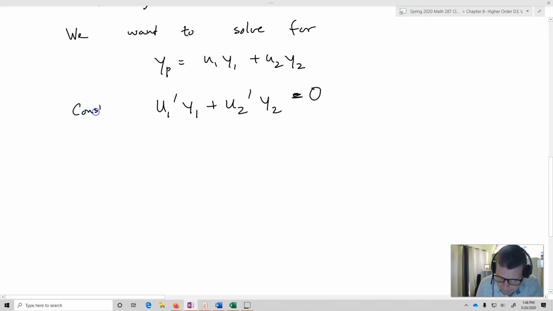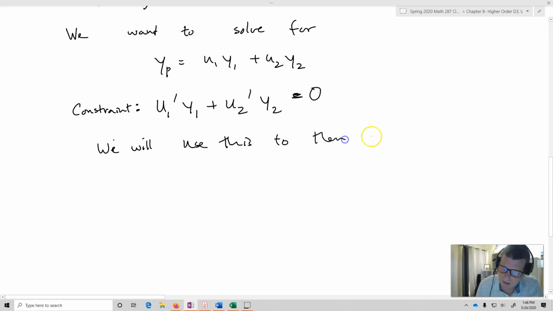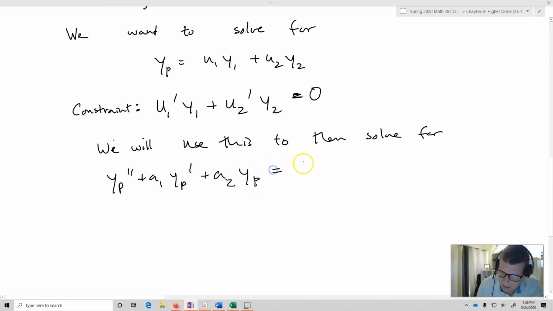This is our constraint. Once we have that constraint, we're going to use this information to solve for yp double prime plus a1 yp prime plus a2 yp equal to f.